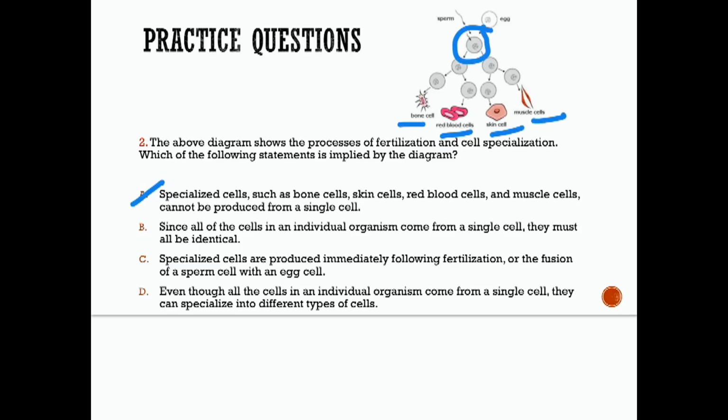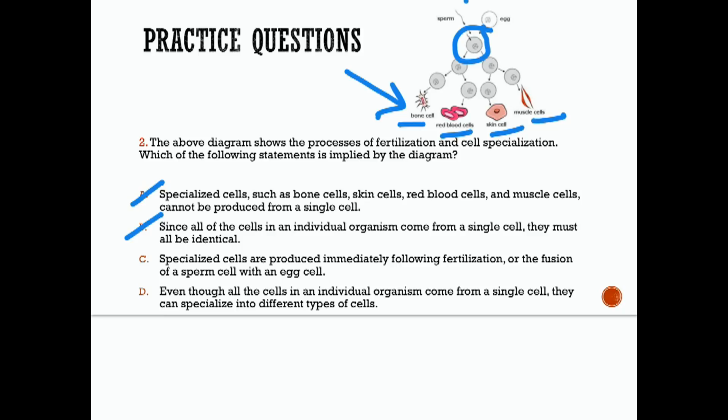B, since all of the cells in an individual organism come from a single cell, they must be identical. Okay, are these identical cells? They come from the same cell? No, they're different types of cells. So we can cross off B. C, specialized cells are produced immediately following fertilization or the fusion of a sperm cell with an egg cell.